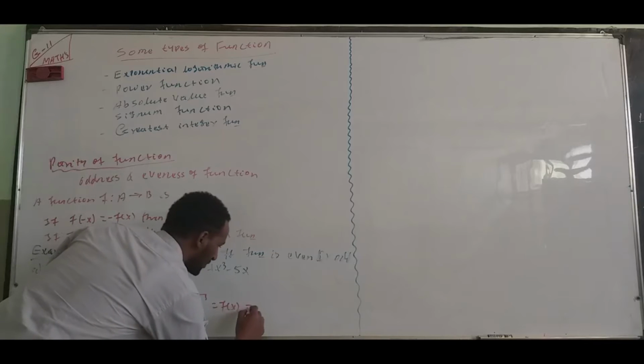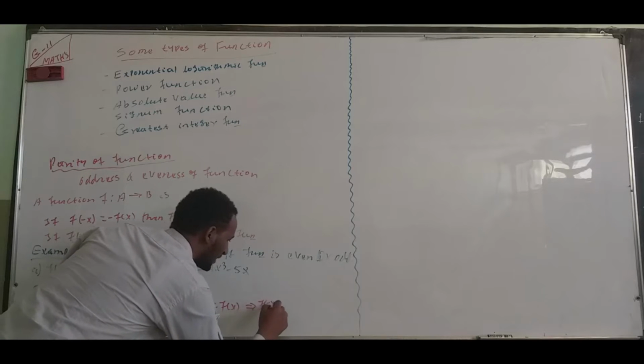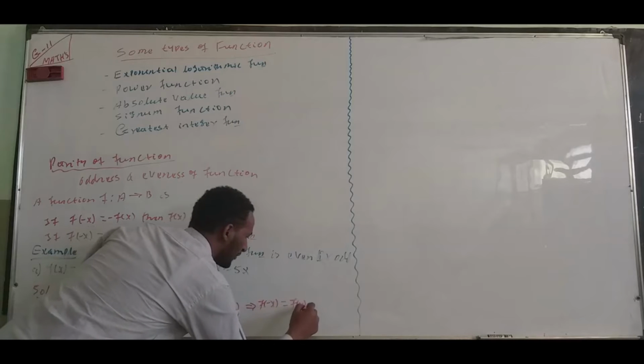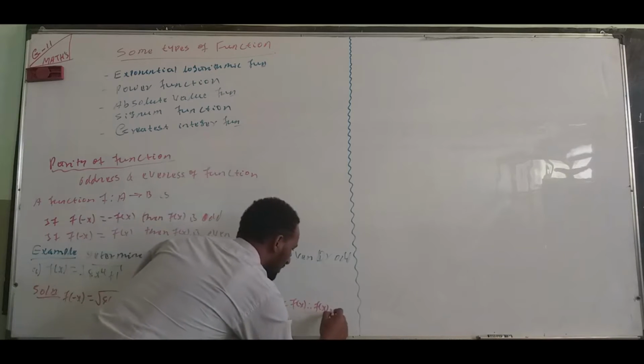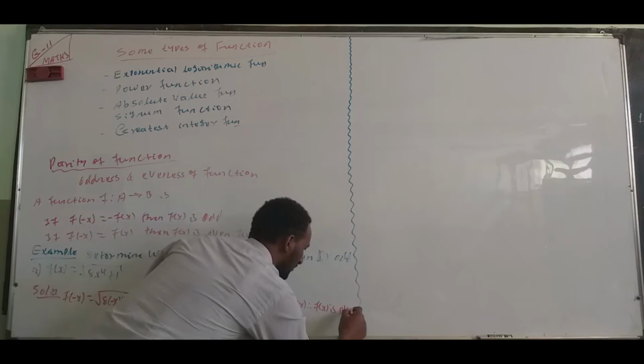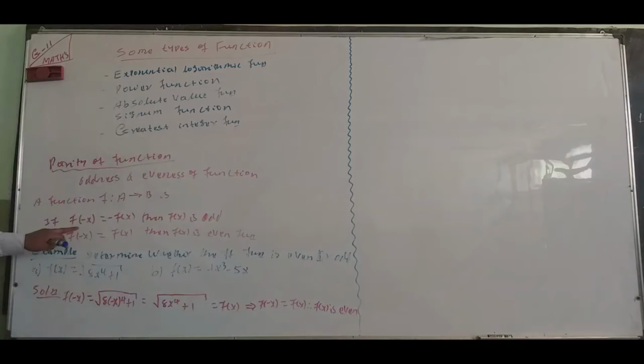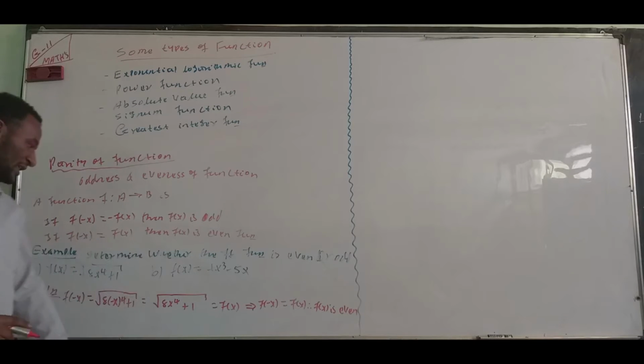This implies that f of negative x is equal to f of x. Therefore, f of x is even, because if f of negative x equals f of x, the given function is even.